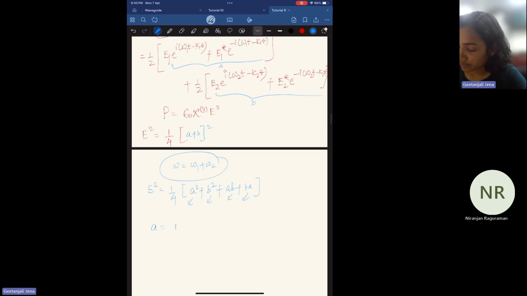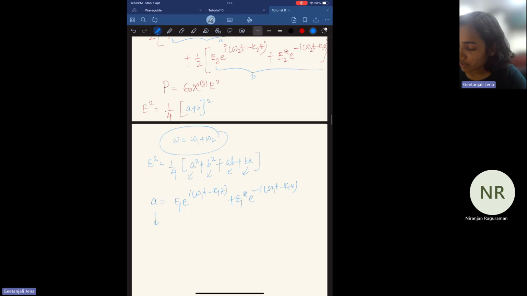So A squared will give the terms, if you take the square, 2 omega 1, which we don't need.